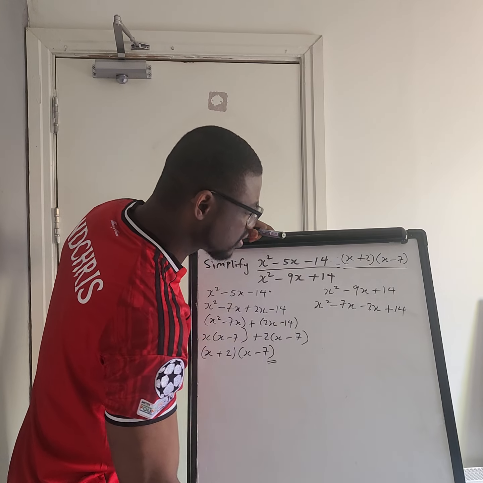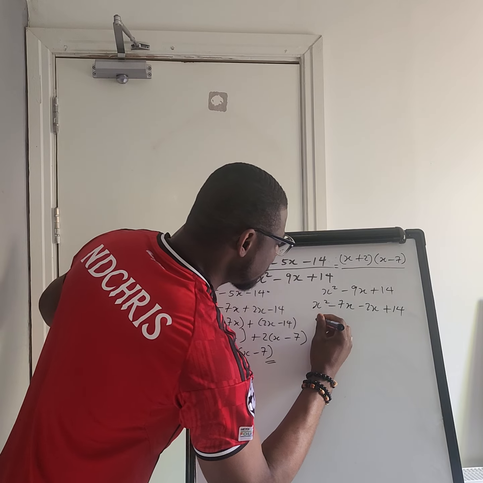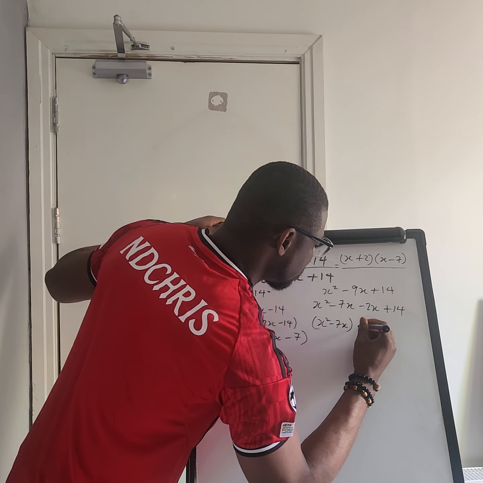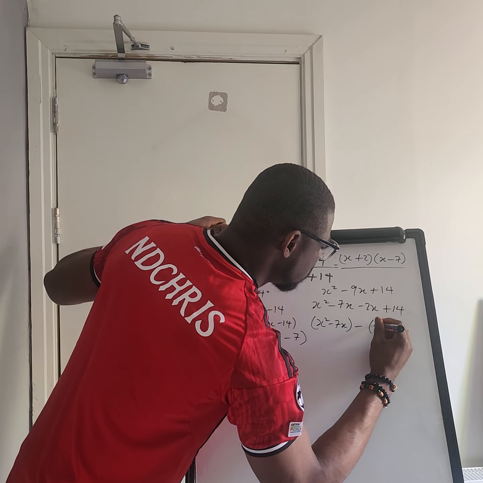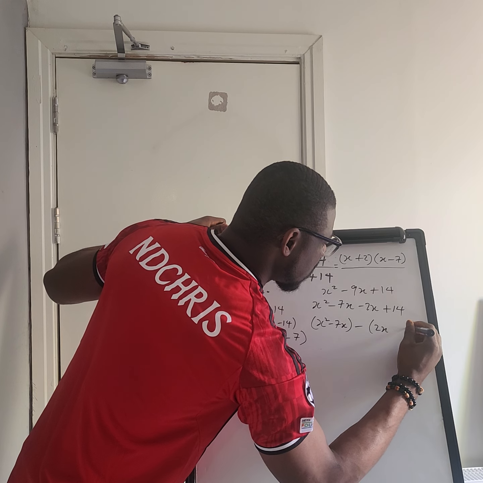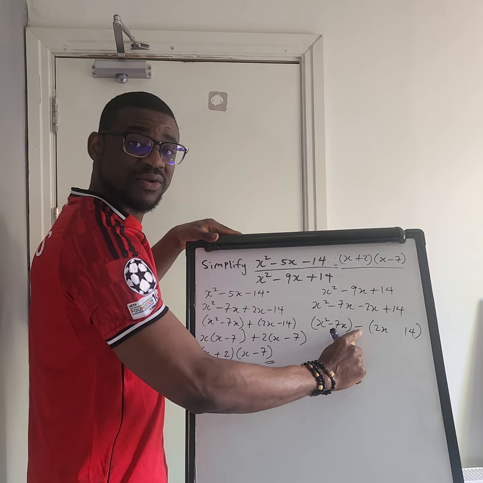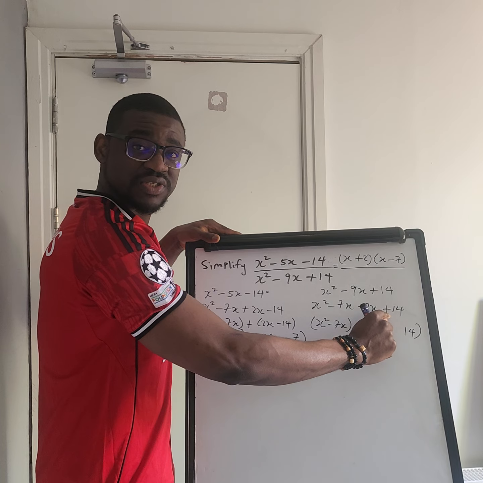Now, let's factor out. So we have x, minus 7x in a bracket, minus, brackets open, 2x. Be careful here now. Let me tell you why. This is minus. This is plus.